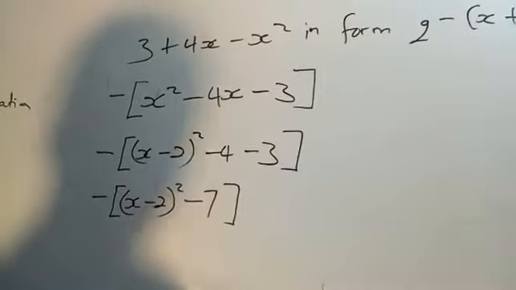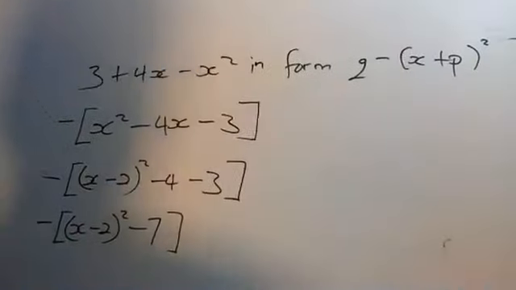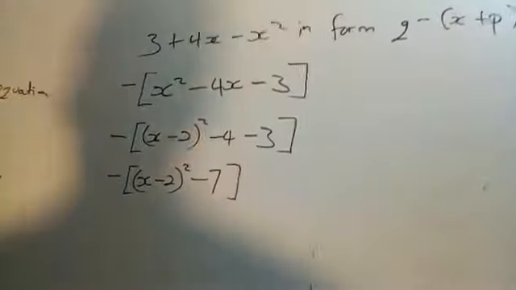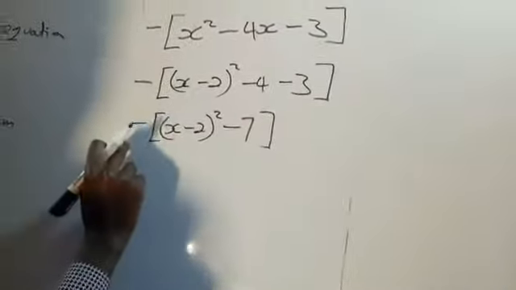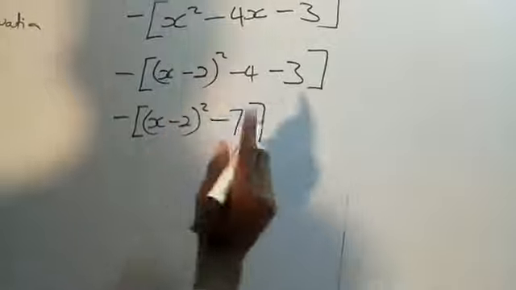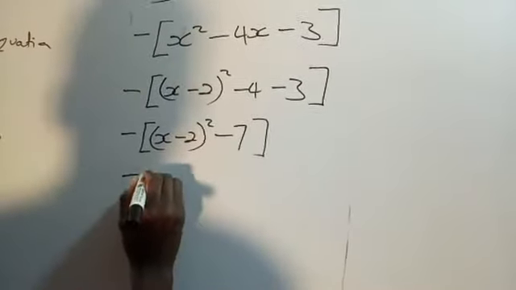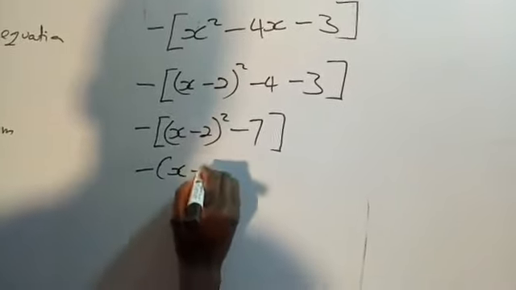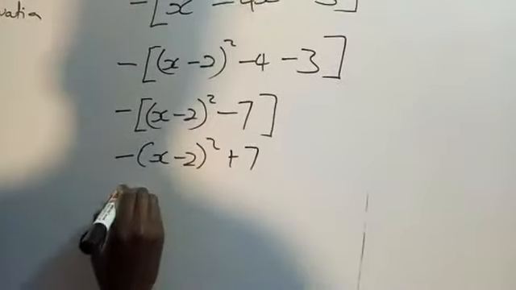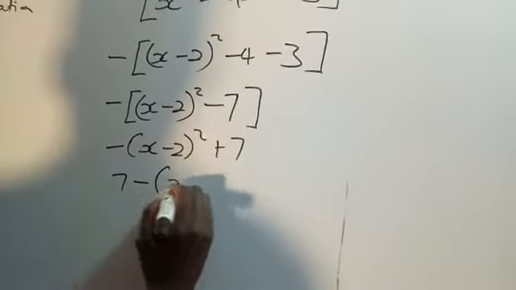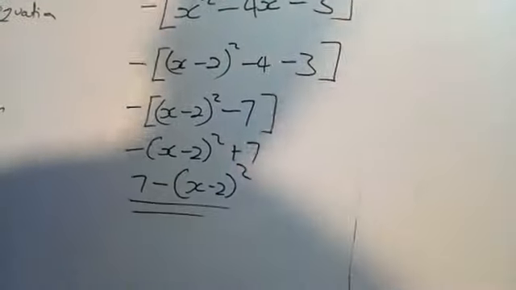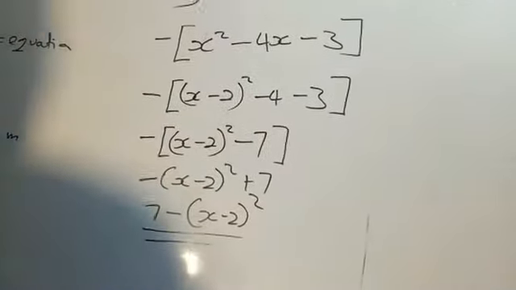But they have told us to put it in the form of this. So we enter our negative one into the brackets, becoming negative into x minus 2 squared plus 7, becoming 7 minus x minus 2 squared, which is the form they have given us.